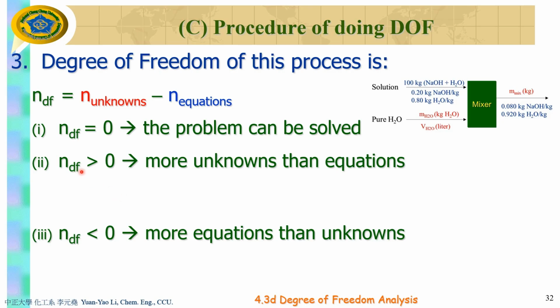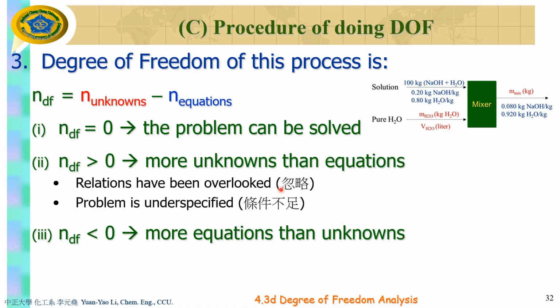If the DOF is larger than 0, that means more unknowns than equations. So more unknowns than equations means the problem is unspecified, right? Or you are missing some information, and please find out the information.